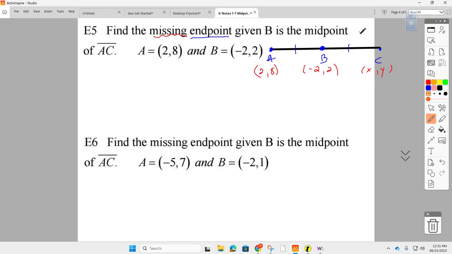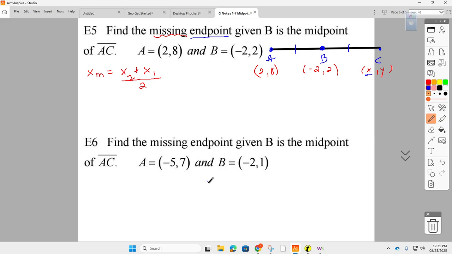Now we're going to do them one coordinate at a time. I'm going to write this whole little formula for you. The x coordinate of the midpoint equals the x's divided by 2. That's the same formula we used earlier. This time, though, we don't know both of the x's.